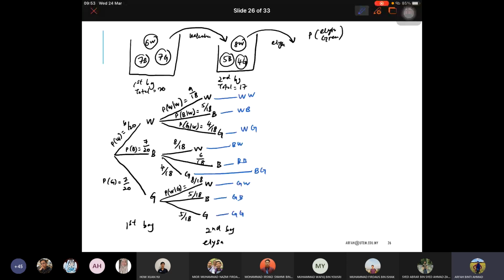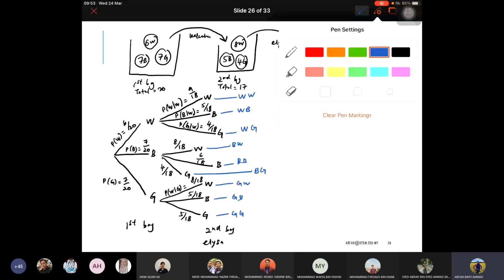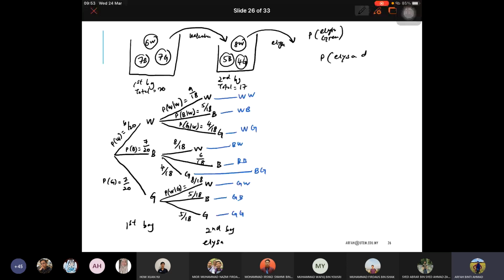So we are interested in the probability that Elisa gets a green marble. That means the second one is green. So W and G, black and green, or green and green.